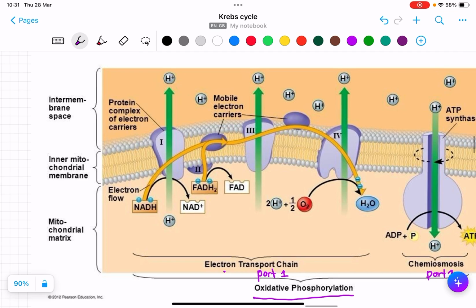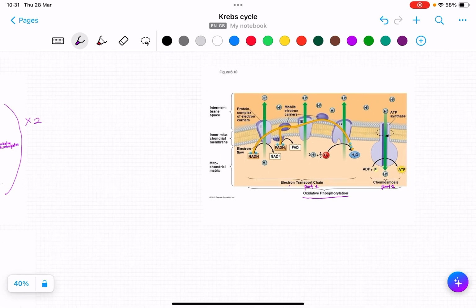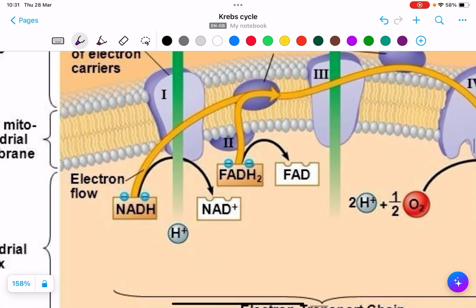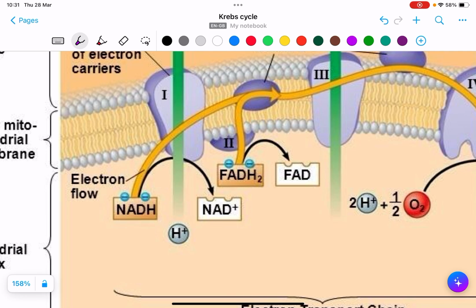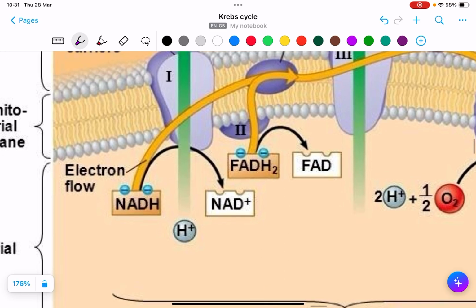So basically, we know from the previous stage, the reducing agent is NADH plus H plus, or you also can use NADH. So both are okay.